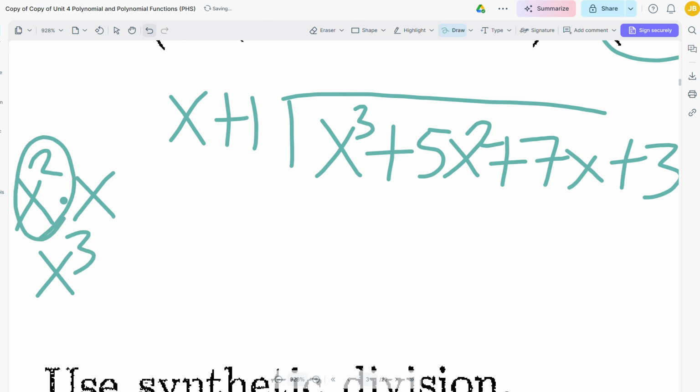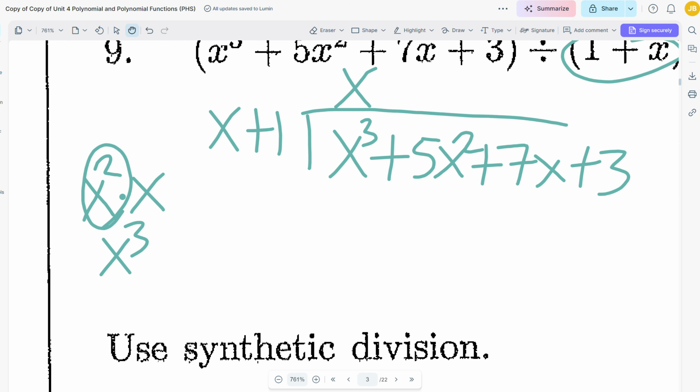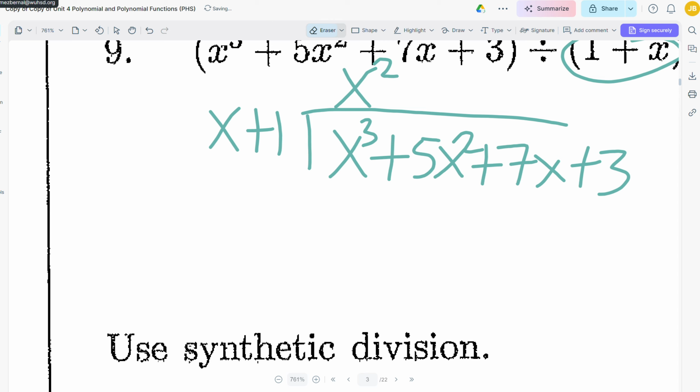So this is what I have to put on top. Let's erase this here. And now we're going to go ahead and distribute my x squared into x plus 1.